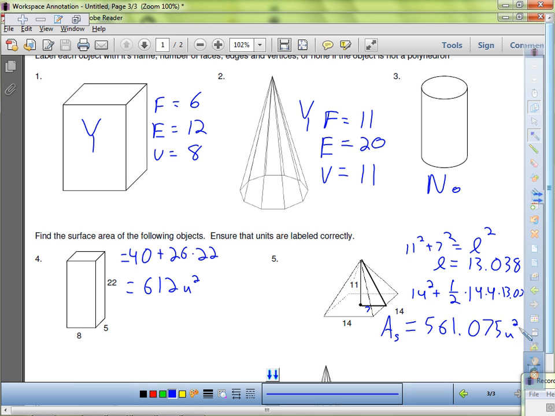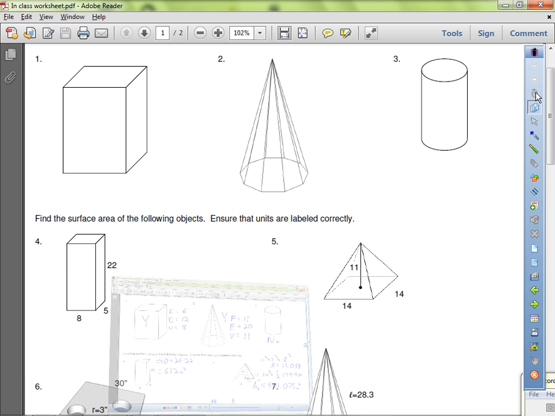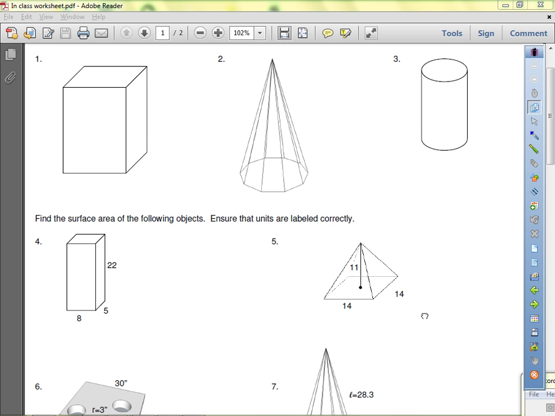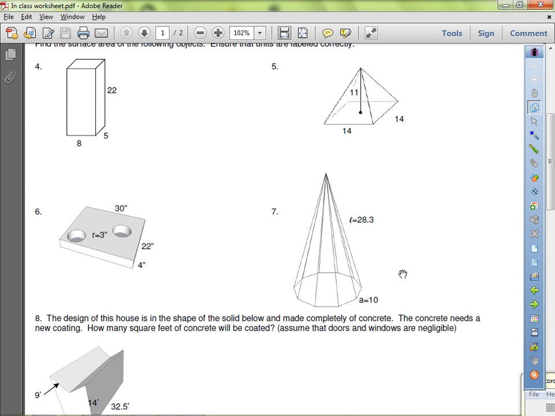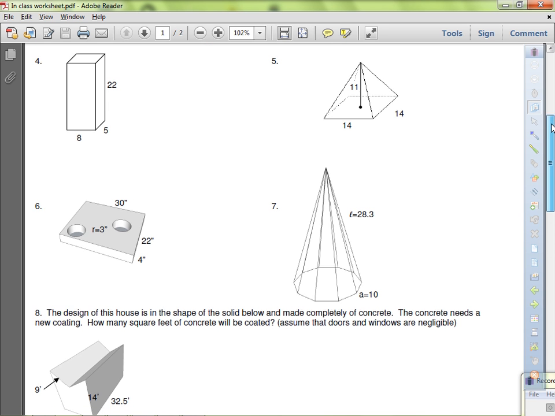Alright, let's take a look at the next two. When we start looking at these next two, we see we've got some compound objects. And our work with compound objects can be difficult, or it can be fairly straightforward. So let's do that.